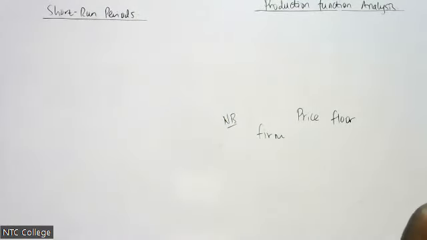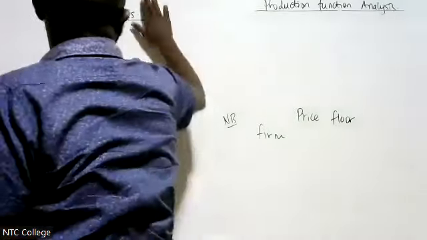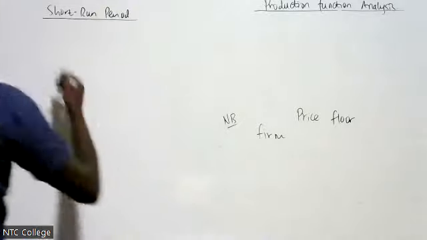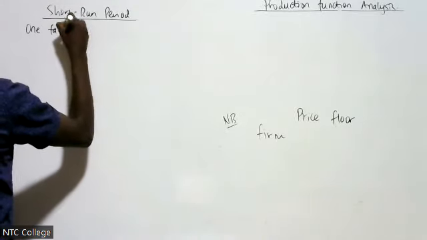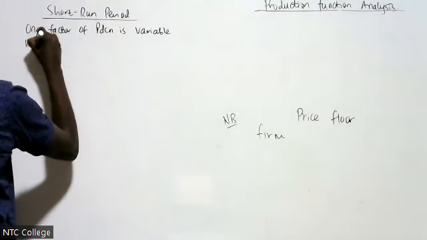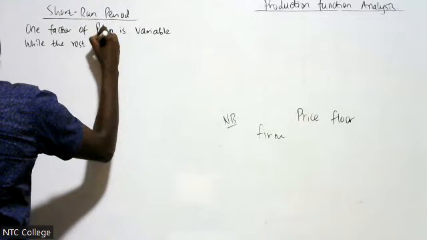So let's explain something here, short run period. Short run period refers to the time period over which at least one factor of production is variable, while the rest are fixed.